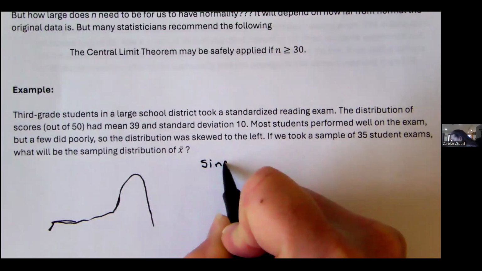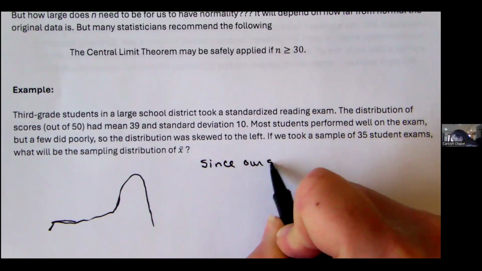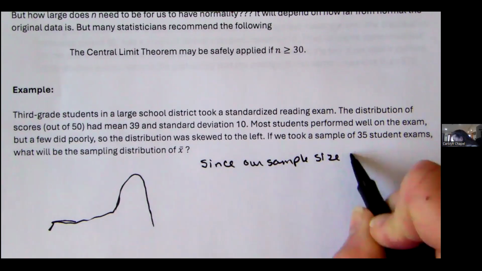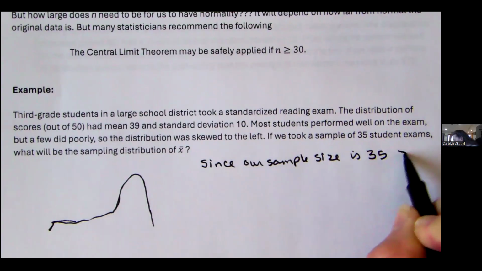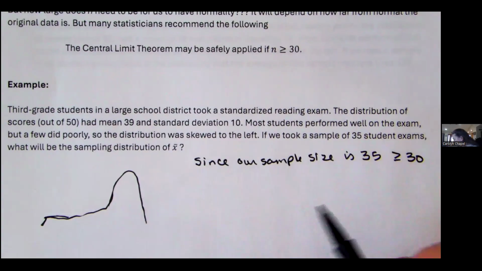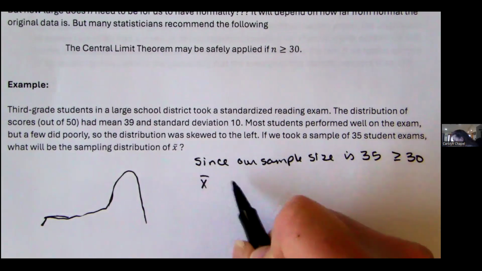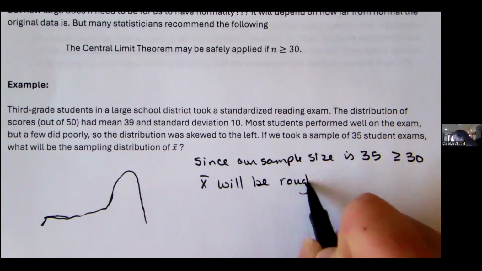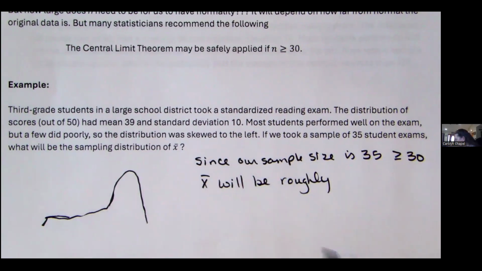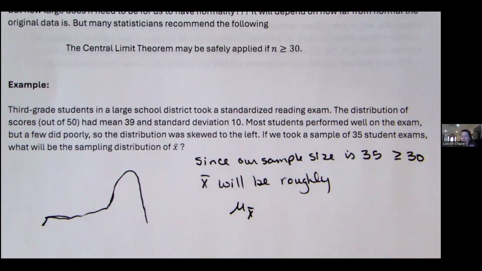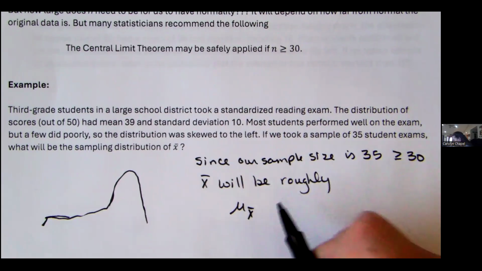Since our sample size is 35, which is bigger than that magic cutoff line of 30, it would tend to be normal. X bar will be roughly normal. So we will be allowed to use that normal curve. And further, we always have rules 1 and 2 happening, not necessarily the normality, but rules 1 and 2 will always happen.